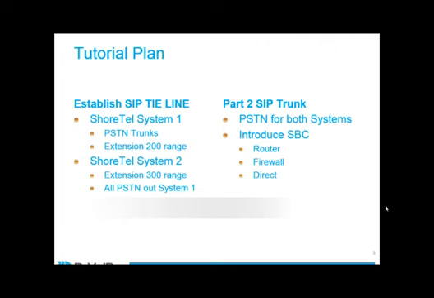So at any rate, in this tutorial, we're going to take a quick look at configuring a SIP tie line. We're going to tie two ShoreTel systems together. One system will have PSTN trunks and an extension range of 200 through 299.